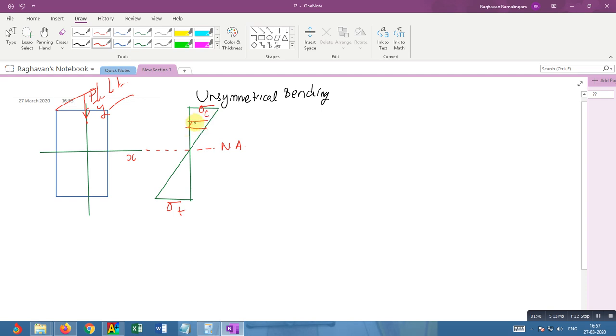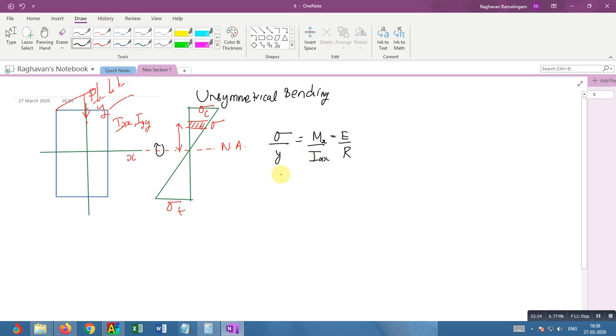At any place, if you want to know what the stress is, you just need to know how far it is from the neutral axis, and you will also probably want to know Ixx and Iyy. So symmetrical bending is pretty simple. You have the general formula sigma by y equals M by Ixx, equals E by R, if your moment is acting about this axis.